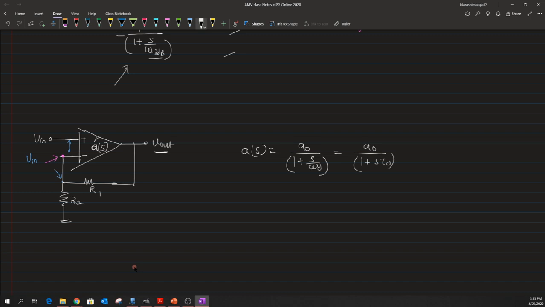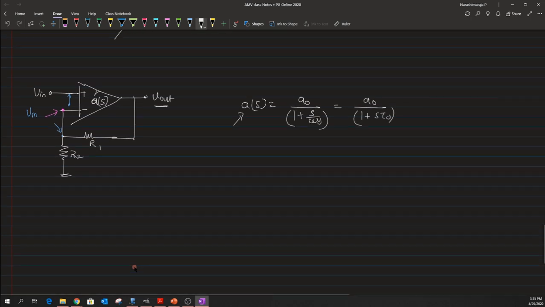Let me also plot the behavior of this response A of S as a frequency response magnitude plot. Again the x axis is defined on a logarithmic scale, and we have the gain in dB.